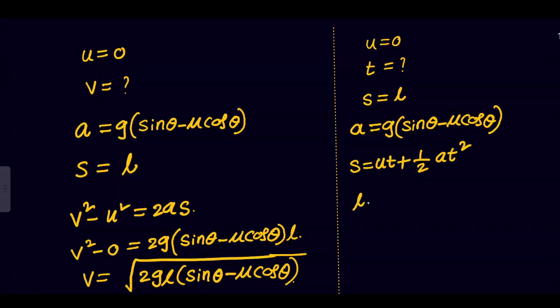Now S is equal to L, initial velocity 0 plus 1 by 2 into A. We can keep A, and finally we will substitute.